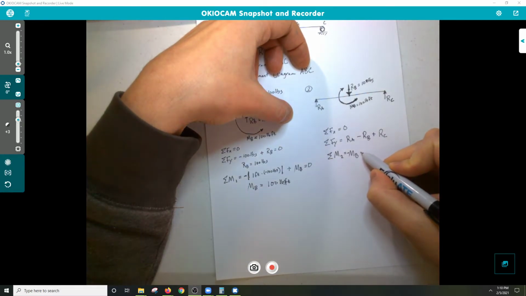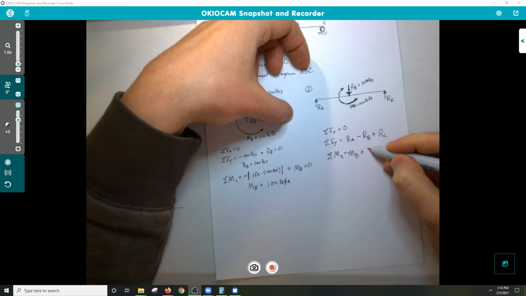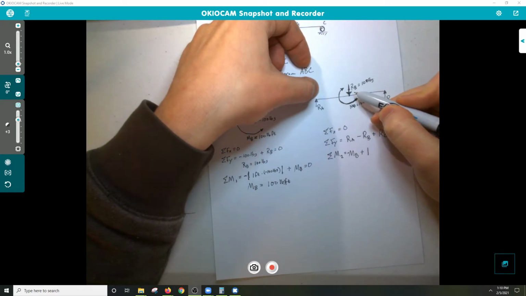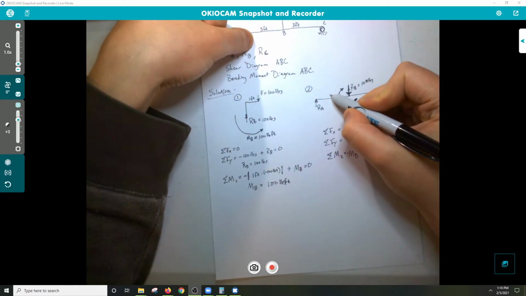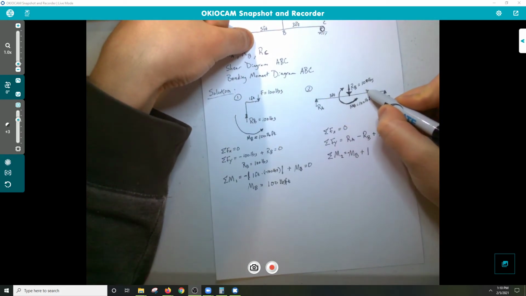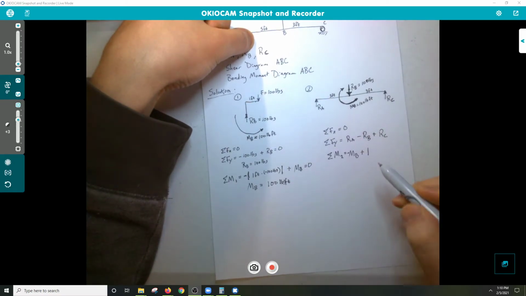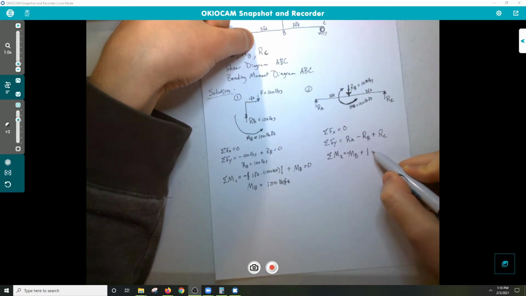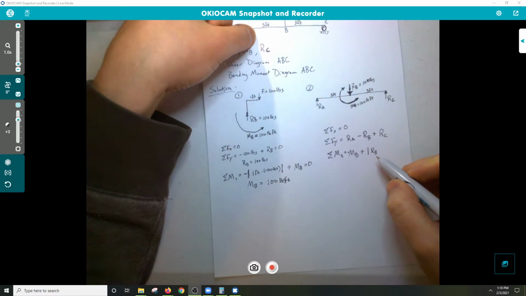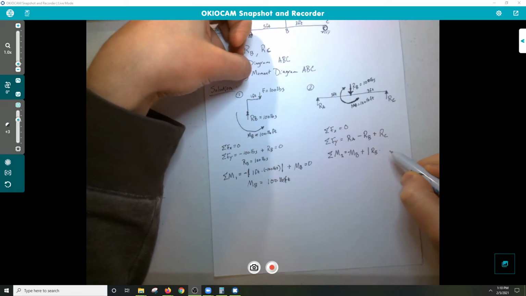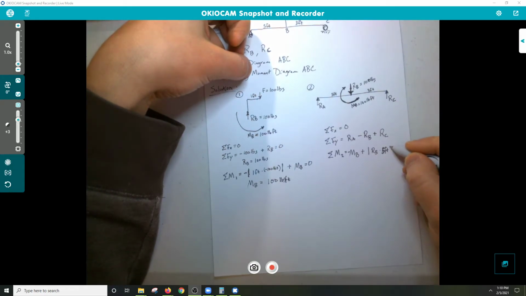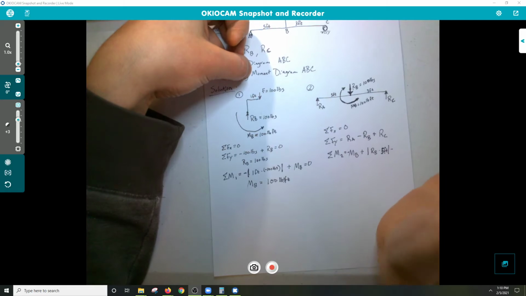All right, and then we have plus absolute value bar, and then the force times the distance. So this was 5 feet, and this one was 3 feet between these two. And then we have our reaction at B times that 5 feet. I'm just going to write it like this right now. And then we have positive.